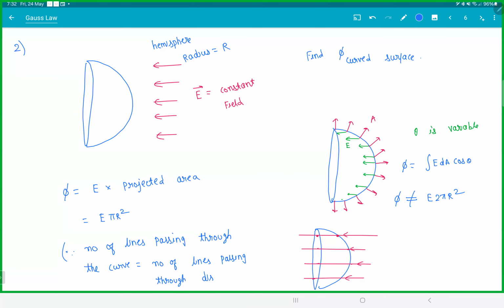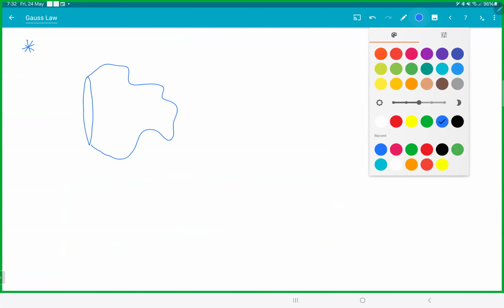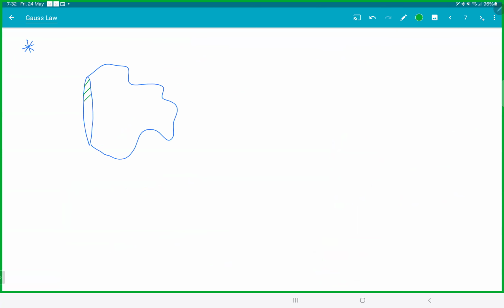This is the third time you're seeing this. Fluid mechanics, surface tension is projected length, and this is again projected area. So in a more general format, let's say I take a disk like this, and you give any random surface. This is your projected area. Only issue, the field should be constant.